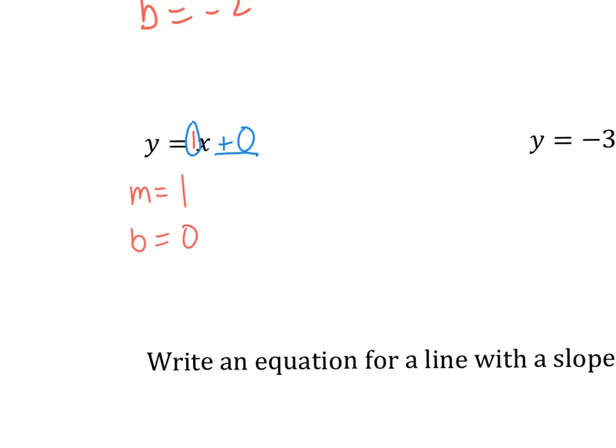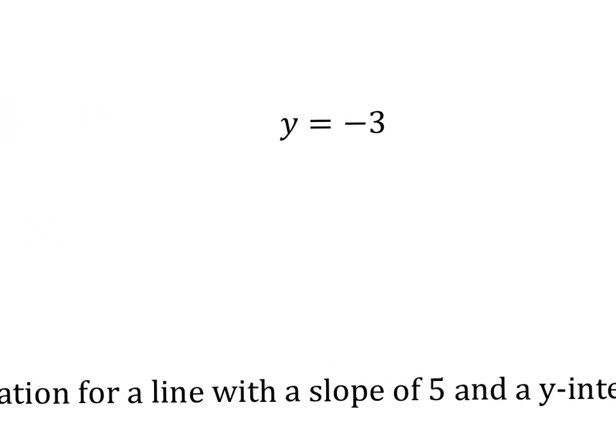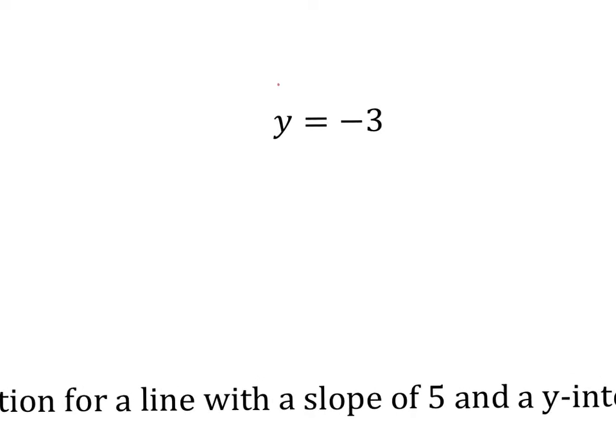All right, let's look at one more example here. We have y is equal to -3. In this case, we don't have a variable. We would want something in the form of y equals mx plus b, right? But here we don't have that mx. Well, what number can we multiply by x to make it go away? Well, 0.